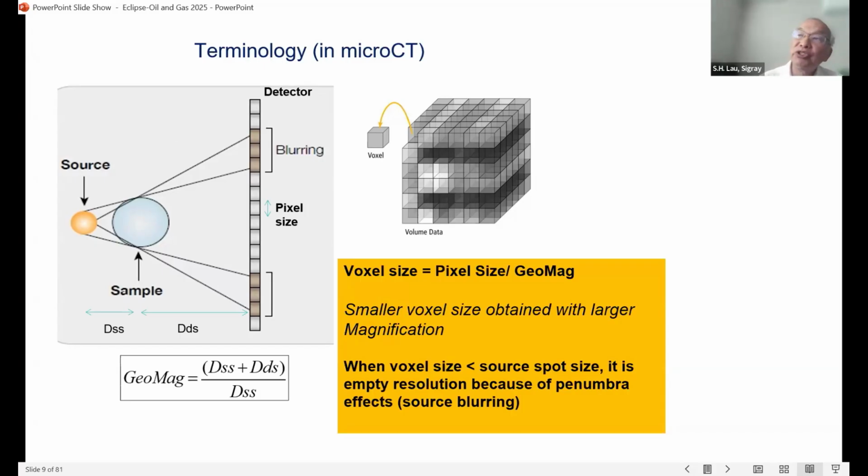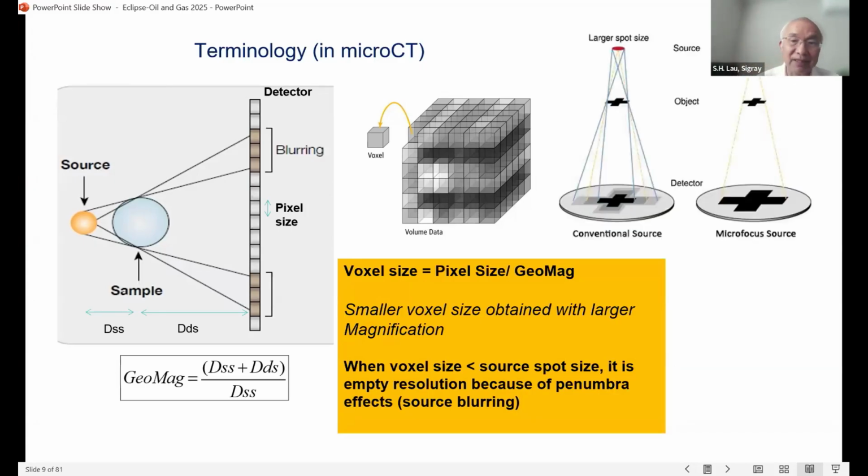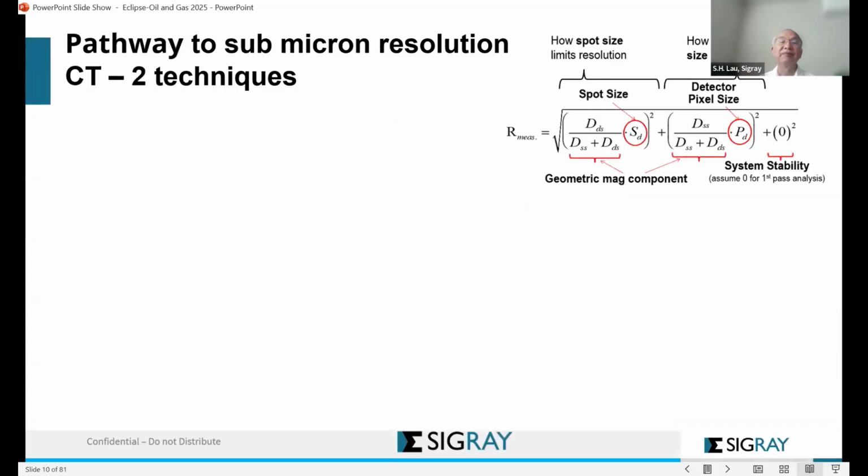So if you want to do shale analysis, you will have to get something that is submicron. And that way you will be able to see more things. So what is this thing that we are talking about? If my spot size is big, what will happen? You will see that you have this shadow at the edge, and that will limit your resolution.